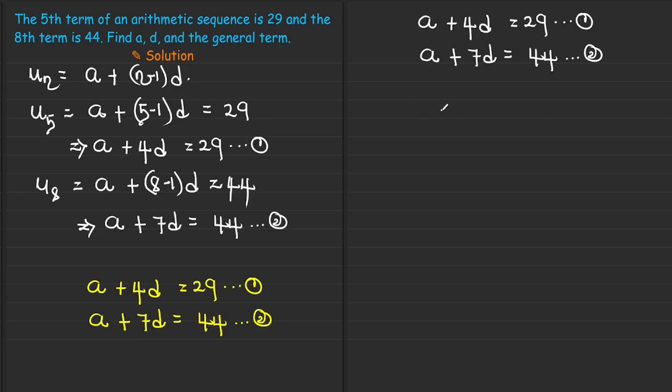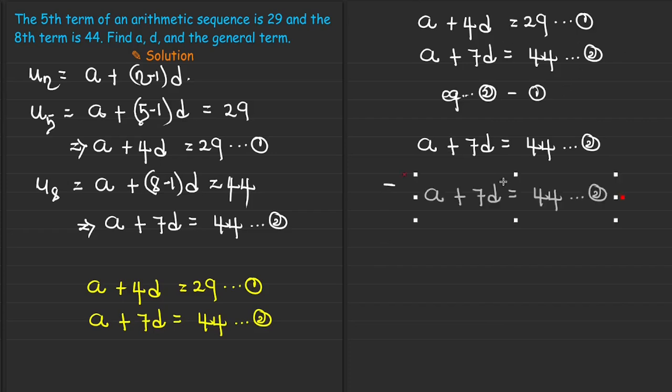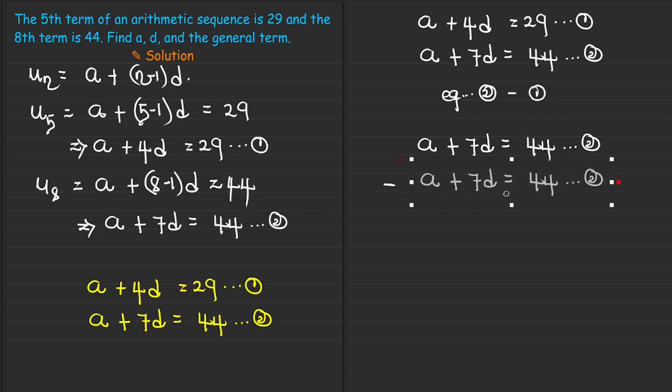Okay, so what I'm going to do is equation 2 minus equation 1. And that is to say, this equation 2 here, then minus equation 1, which is the very first one we have over here. You see?